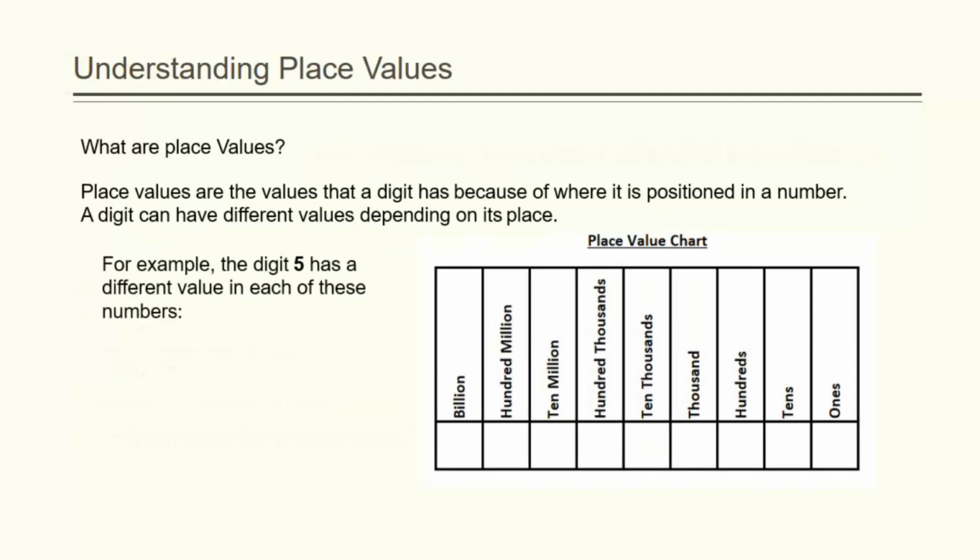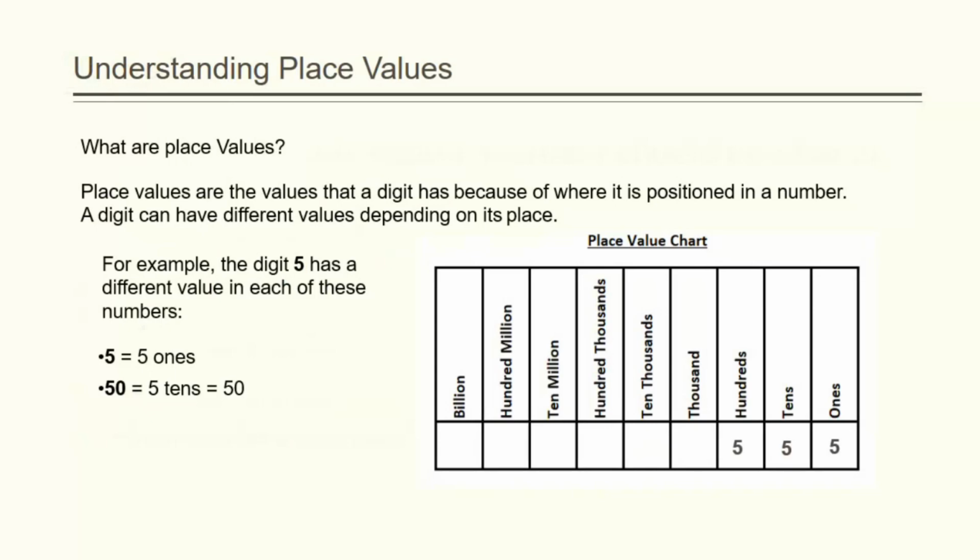So let's take an example. If we put the digit 5 in the ones column, then it means we mean 5 ones. If we put it in the tens column, we mean 5 tens, which is 50.